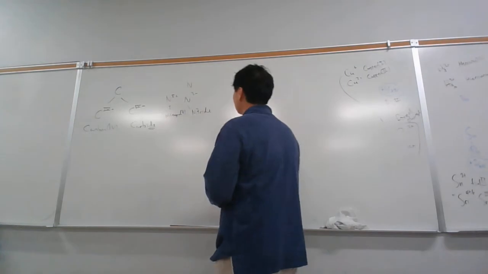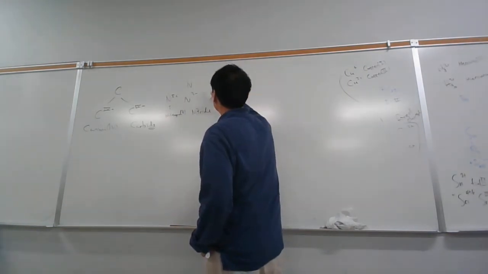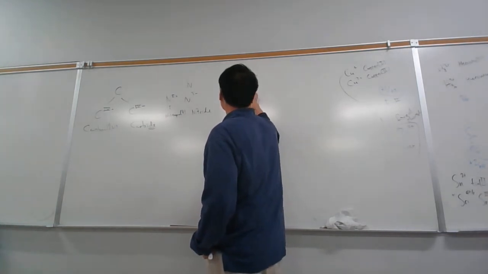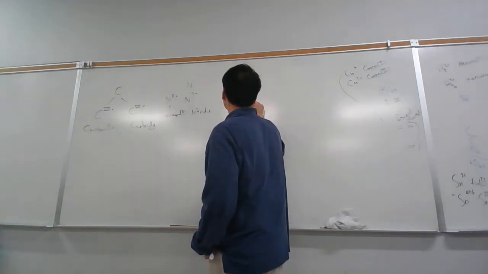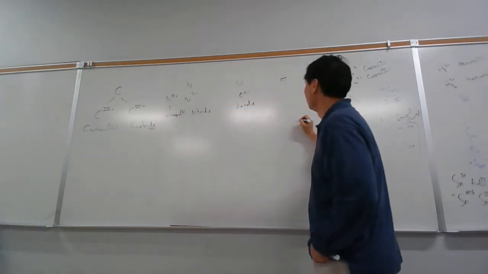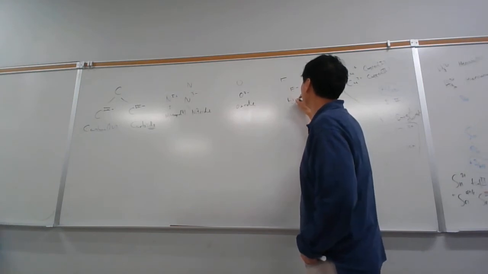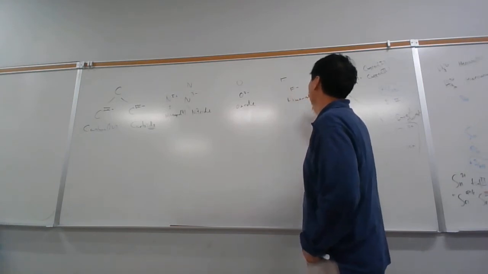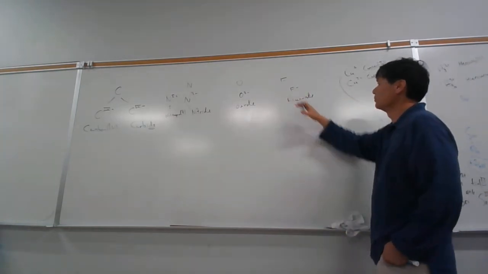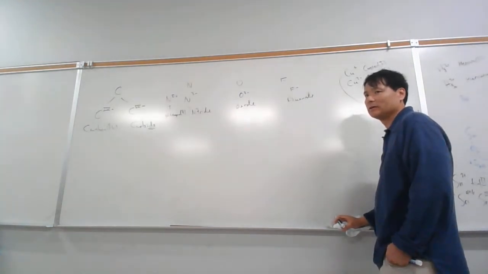So we had nitride, and then what? So nitrogen, then we have oxygen, which would give us oxide, and then fluorine, which would give us fluoride. And the max positive charge of fluorine would be plus Roman numeral 7.